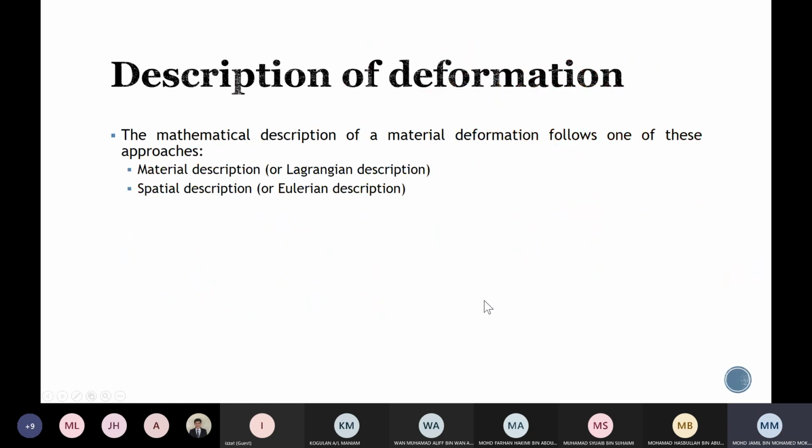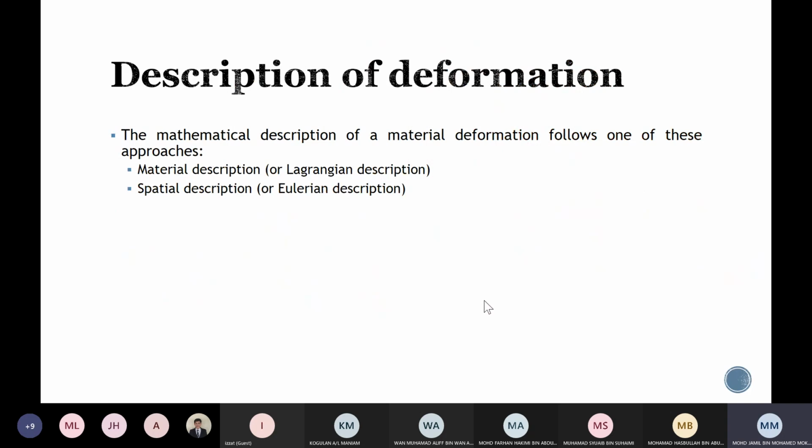Now you have to look at how to define the motion between two configurations, the reference and the current configuration. Because of these configurations, we have two ways to look at deformation.